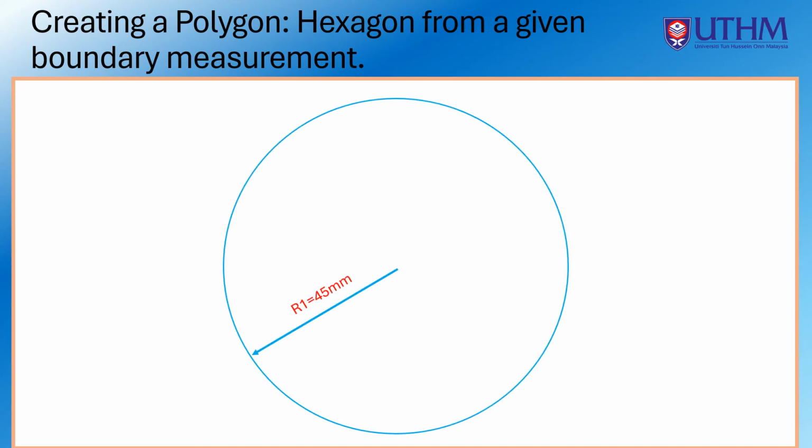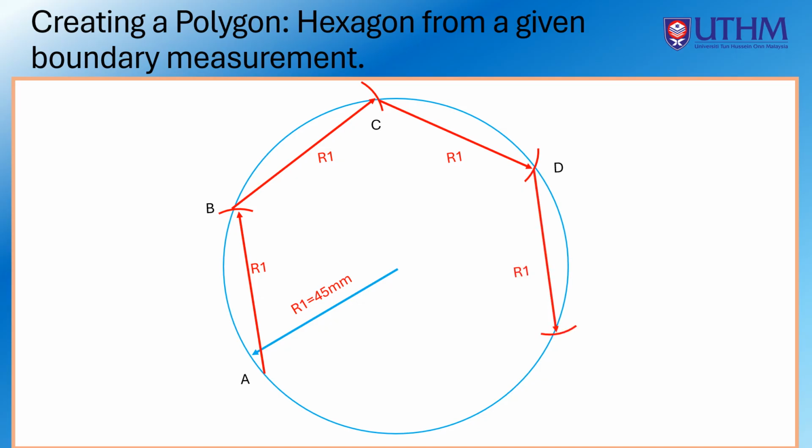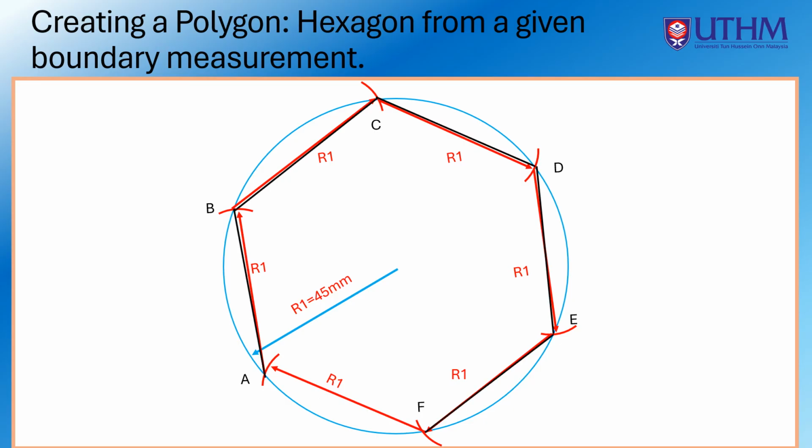Using the same radius R1, mark 6 sections on the circle curve starting from any point to create points A, B, C, D, E, and F. Then draw a straight line that connects these points. Now you have created a hexagon from a given boundary measurement.